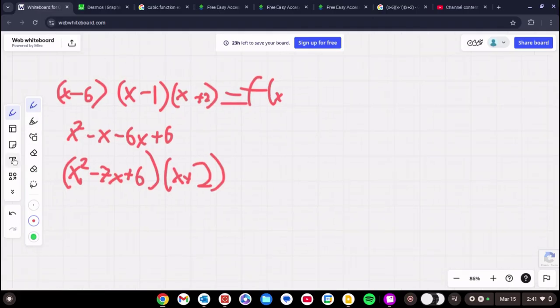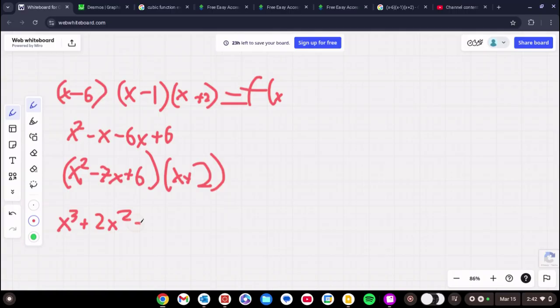The way that I'm going to think about this is that we're going to do FOIL, but a little bit more complicated, where I'm going to take the first term and multiply it separately for both of these. So x squared times x is going to be x cubed, and I'm going to put 2x squared here, because x squared times positive 2 equals this.